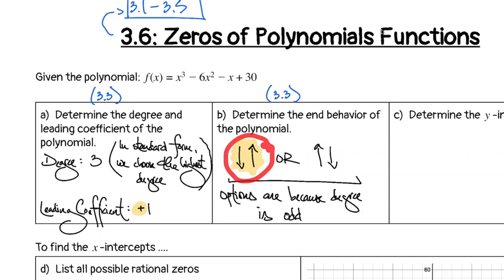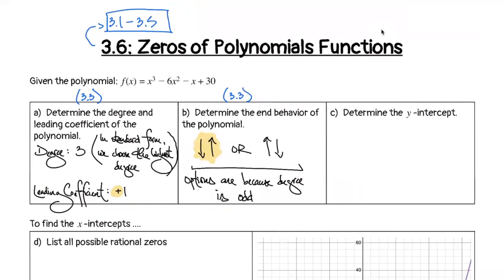That's a skill I find helpful: when I write more than I need to, I'm helping myself think about what I'm trying to answer. Good. Last question here, determine the y-intercept. What section would someone go back to if they wanted to take a look at how they find a y-intercept?